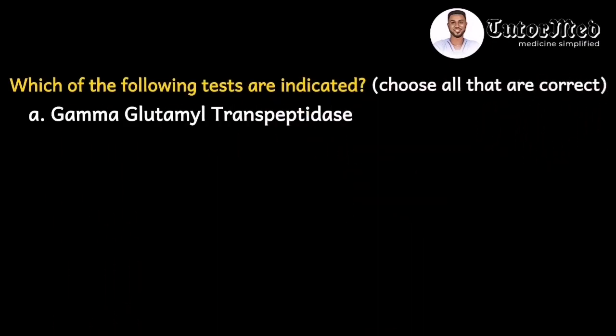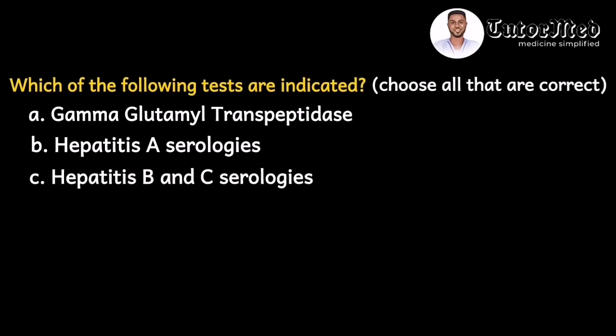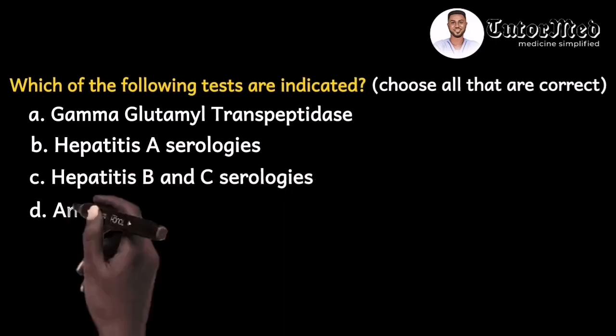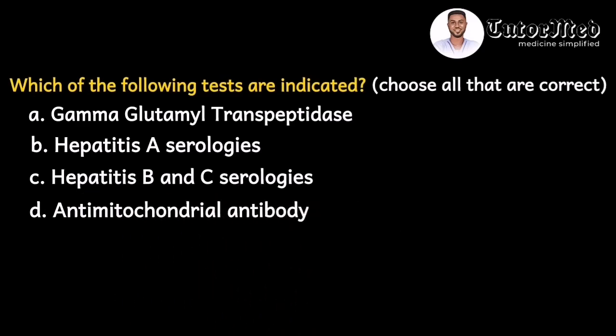A. Gamma-glutamyl transpeptidase. B. Hepatitis A serologies. C. Hepatitis B and C serologies. D. Anti-mitochondrial antibodies. And E. INR or prothrombin time.